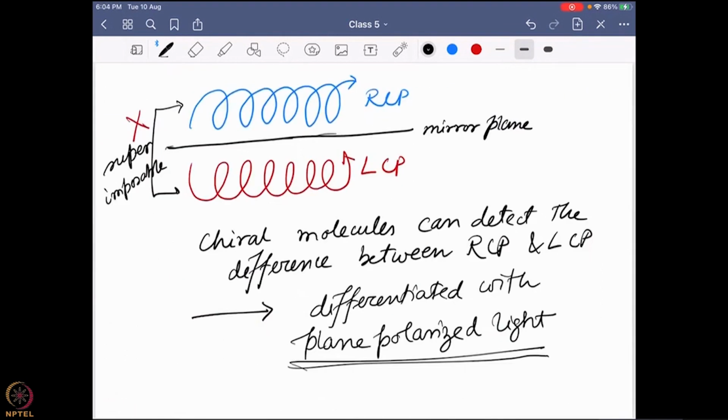And that signifies that the presence of these two different circularly polarized or helical lights is the chiral environment present in the light. And that is why a plane polarized light, which is now a chiral environment, can detect chiral molecules. Now the question is exactly how it is getting detected.